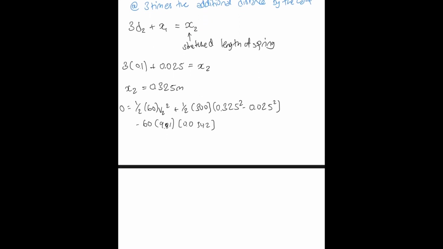All of that is going to be equal to 0. So we can easily find our v2, which gives us a velocity of 0.382 meters per second.